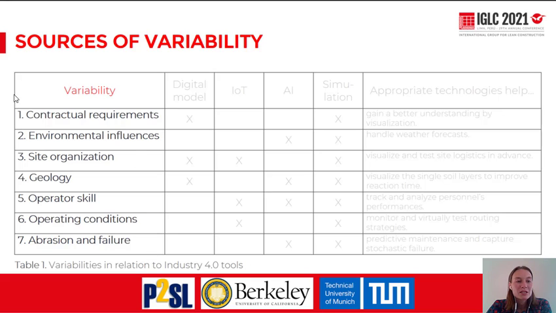We have here, for example, the contractual requirements. They are very important in the design phase, as early involvement of the experts can minimize the product variability, as they may aim to standardize the length, the inclination, or the diameter of the piles. We can also see the operator skill, which is, for example, very important to increase performance.